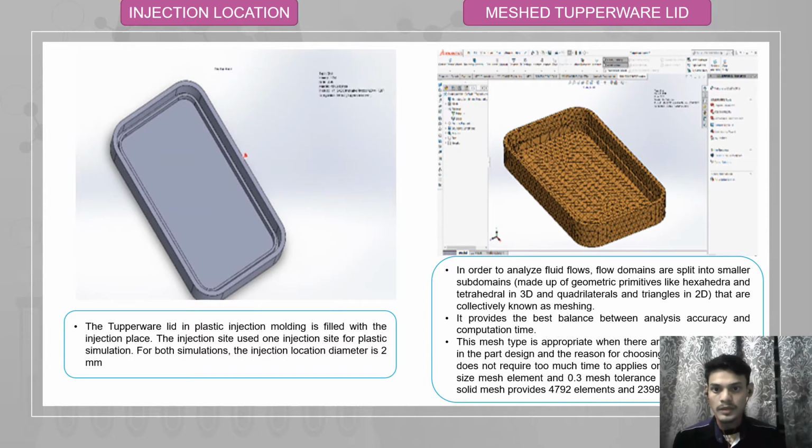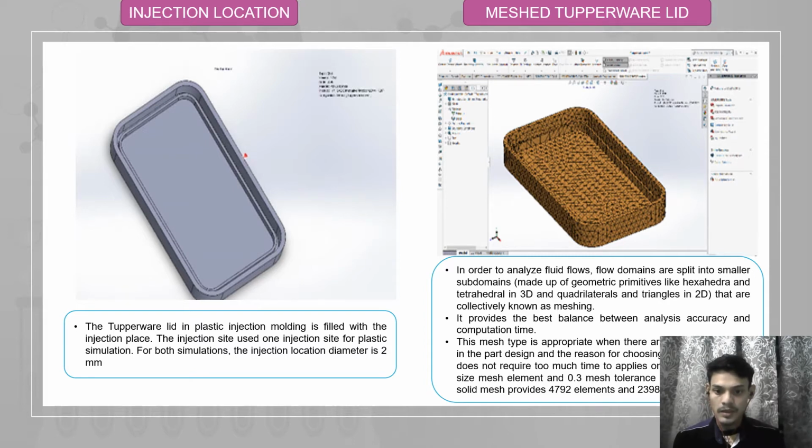For the mesh of the Tupperware lid, in order to analyze, flow domains are split into smaller subdomains made up of geometric primitives like hexahedra and tetrahedra in 3D and quadrilaterals and triangles in 2D that are collectively known as meshes. Next is to provide the best balance between analysis accuracy and computation time.